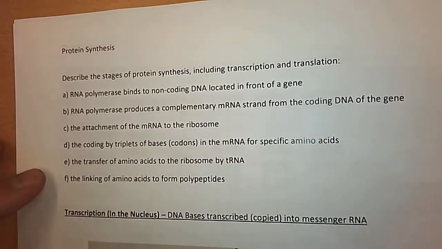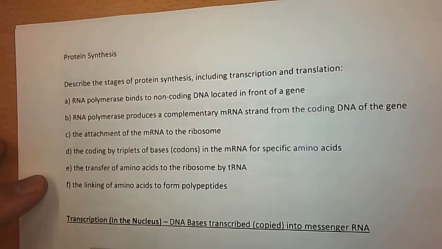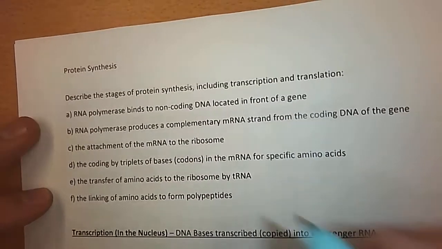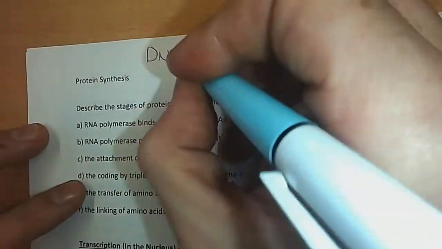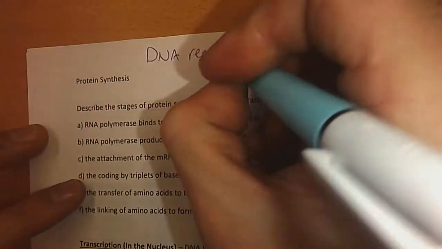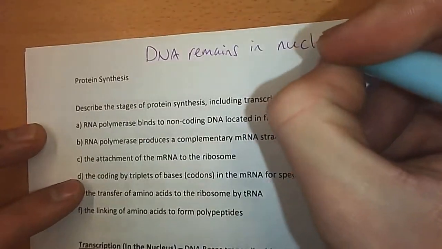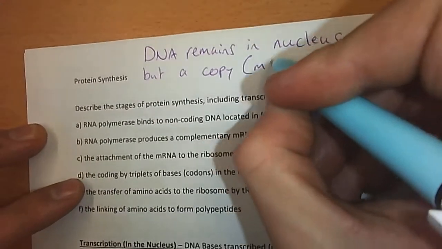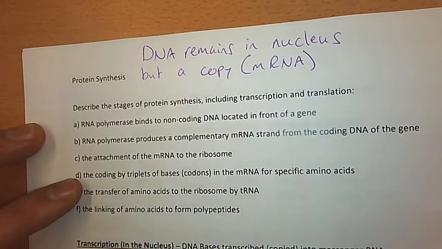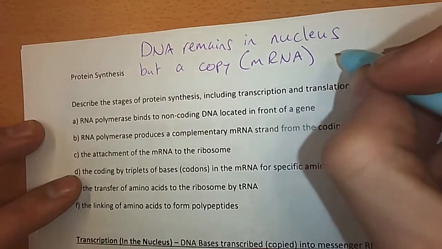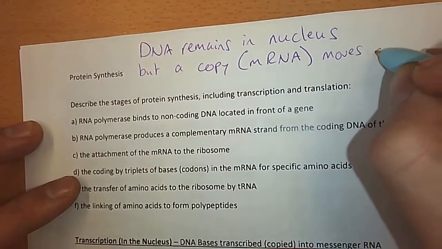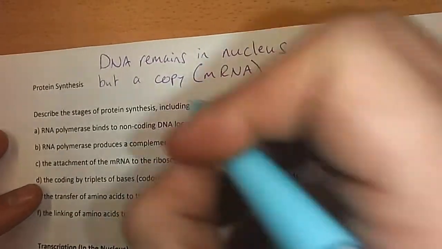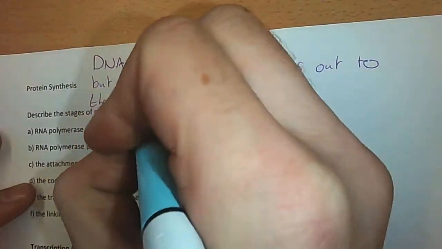But first of all, it's important to understand that in protein synthesis, the DNA remains in the nucleus, but a copy, and the copy is the messenger RNA or mRNA, moves out to the cytoplasm.